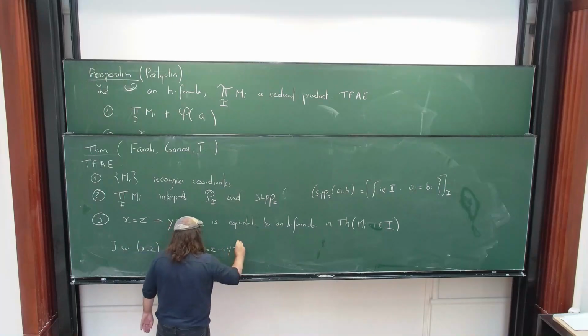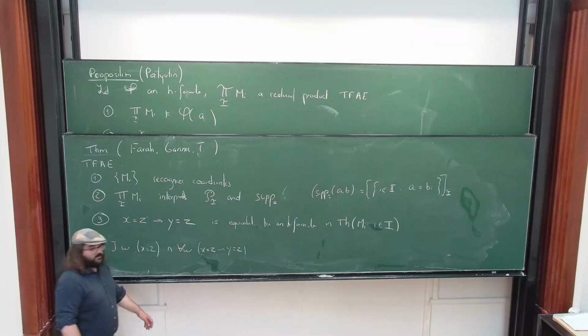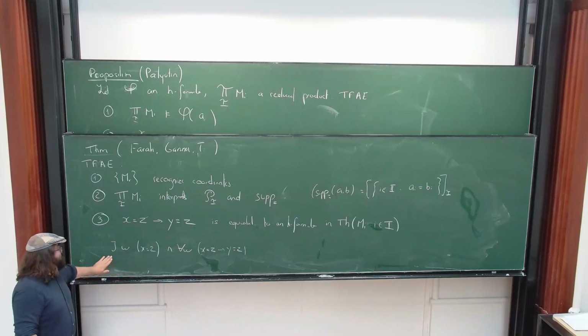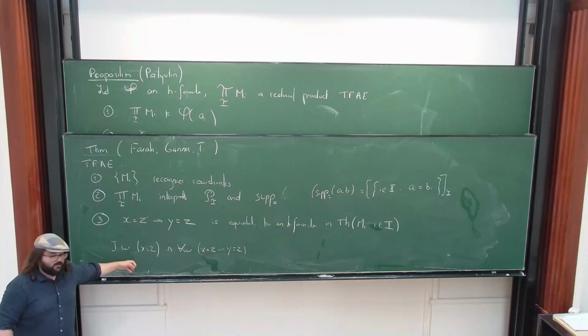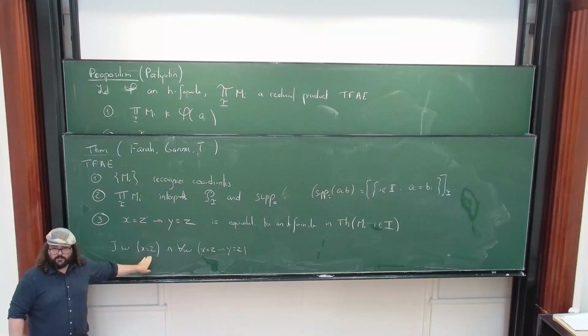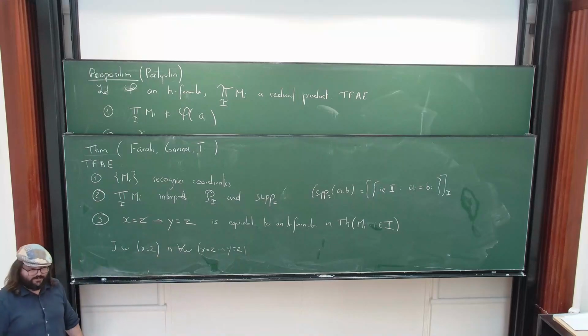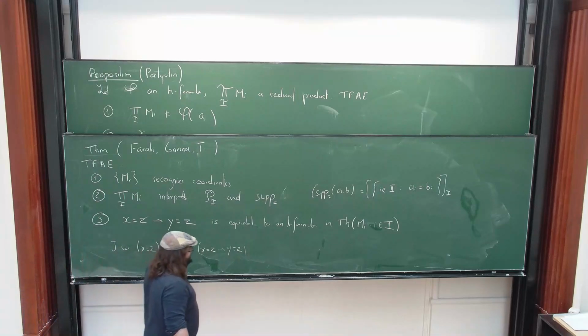I mean, the first time I wrote this definition, I had to check that this thing is not equivalent to that. And this is an H formula, but it's nothing. Like here, if I say that there exists omega such that x equals z already, I have no shot. So no, it's not the same.